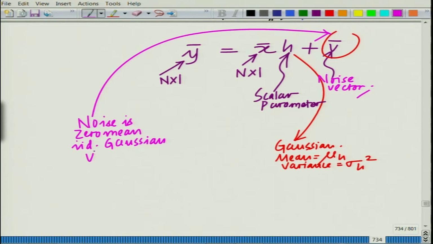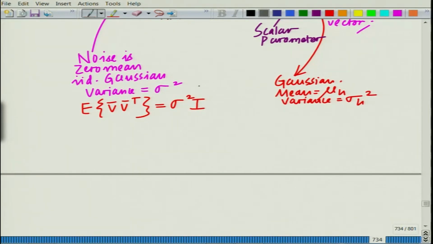Therefore, let us say the noise samples variance equals sigma square. Therefore, if you look at the covariance matrix, that becomes the expected value of v bar v bar transpose, and you can write this as sigma square times identity. This is what we call the covariance matrix of the noise. That is, when the noise samples are independent, identically distributed, the covariance matrix is proportional to the identity matrix, because the off diagonal terms are 0 and the correlation between the different noise samples is 0.